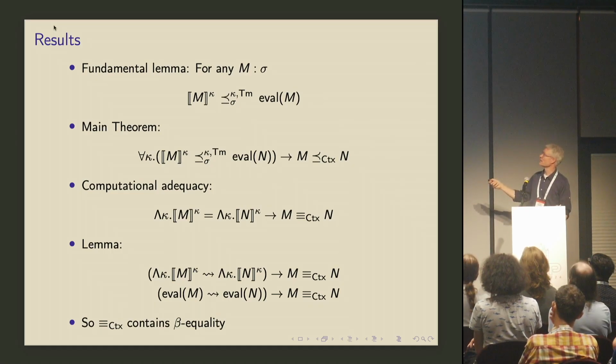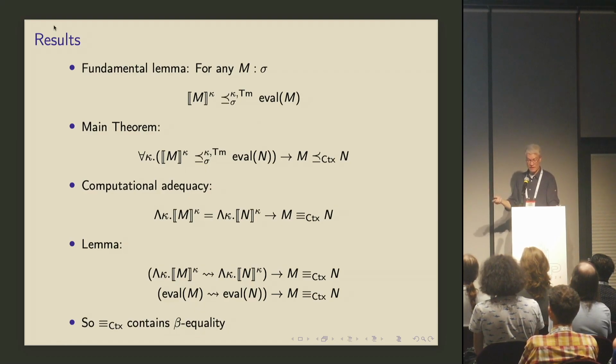And this means that if you take a term and it's related to the value of another term, then m contextually refines n. So we can use this relation between semantics and syntax to reason about contextual approximation and equivalence. And so you get, for instance, the computational adequacy result here, which says that if the denotations of two terms are equal, then they're also contextually equivalent.